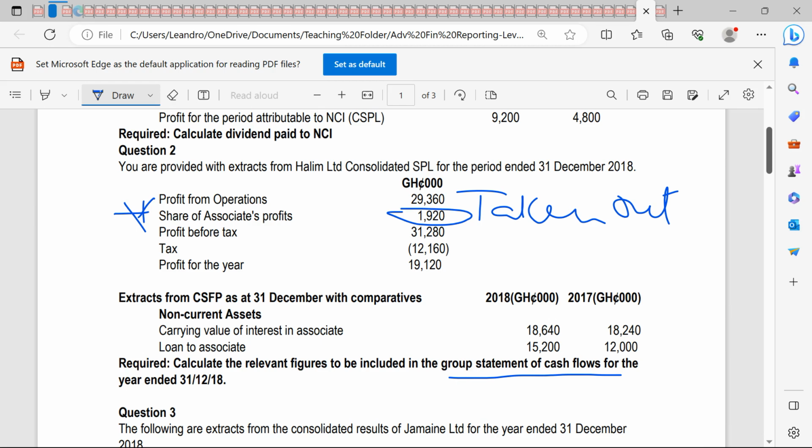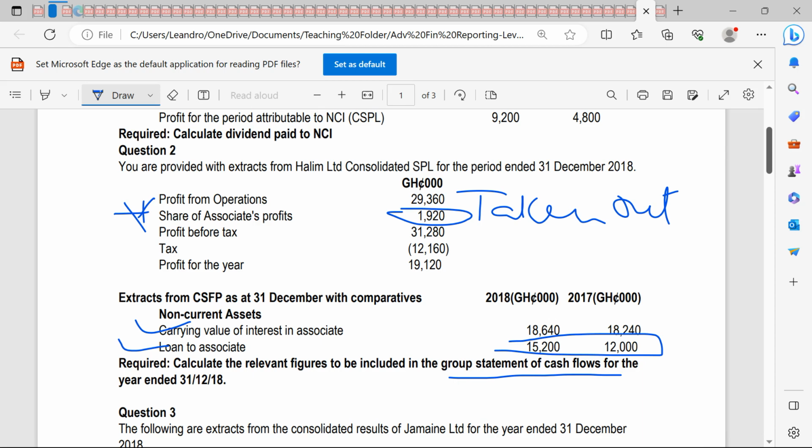So as usual, we are preparing a T account. We have the carrying value of the interest in associate, and we have a loan to the associate. Now, when you take the loan to the associate, the movement is straightforward. 2017, it was 12,000. 2018, it was 15,200. So just by looking at it, it's an increase.